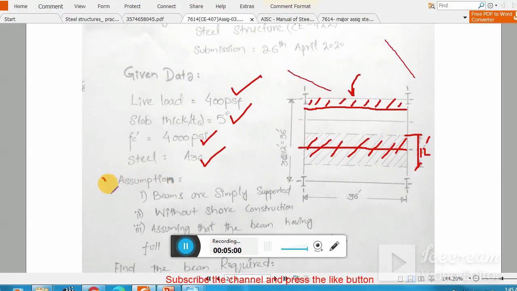Let's move forward. We have to make some assumptions while designing a composite section. The assumption is that the beams are simply supported.